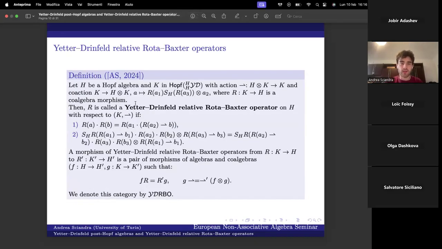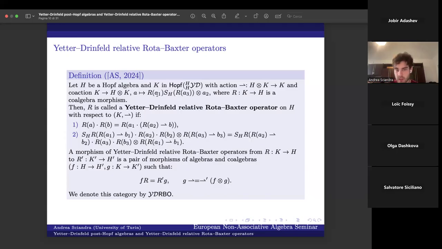Now we can consider the setting of Rota-Baxter operators, and we introduce this definition. In the paper, we also introduced different notions of pre-Rota-Baxter operator. Now I just introduce the specific notion that we need in the following to build the adjunction. So start with a Hopf algebra H and K, which is a Hopf algebra in the category of Drinfeld modules, with an arbitrary action of H over K and a coaction given by this.